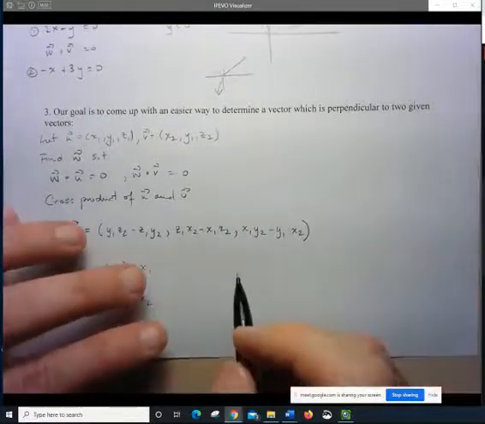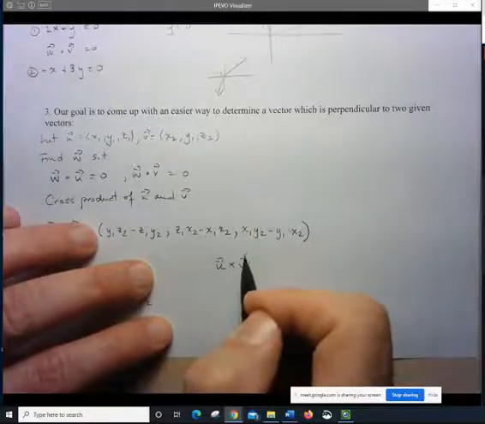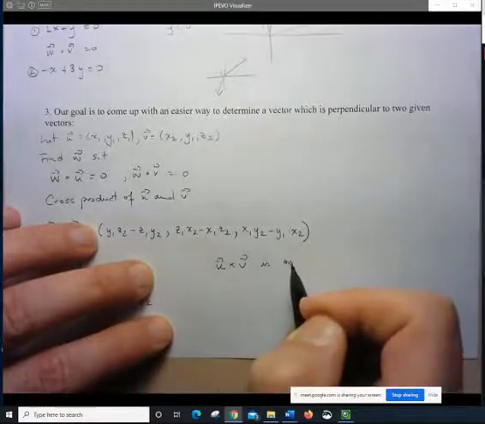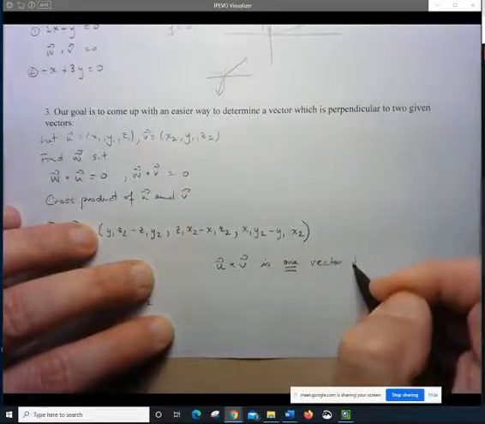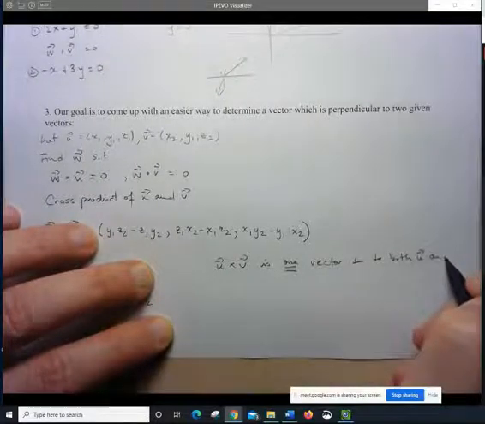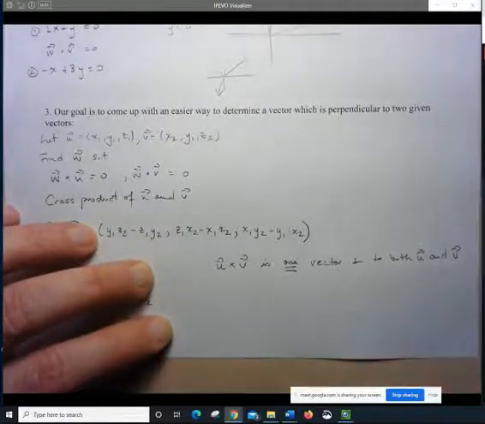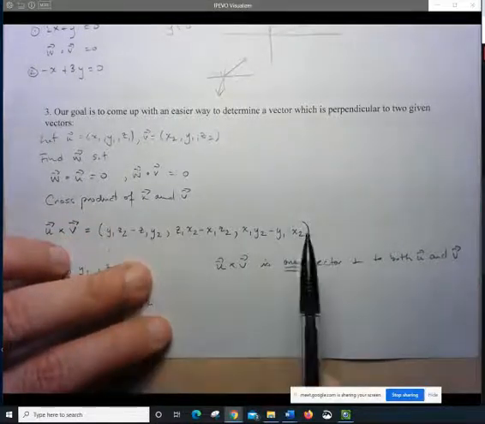So let's just recall what U cross V gives me. U cross V is one vector perpendicular to both U and V. Keep in mind that this is one possible vector.